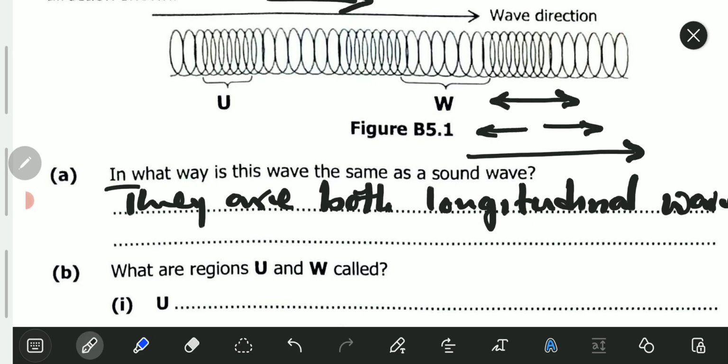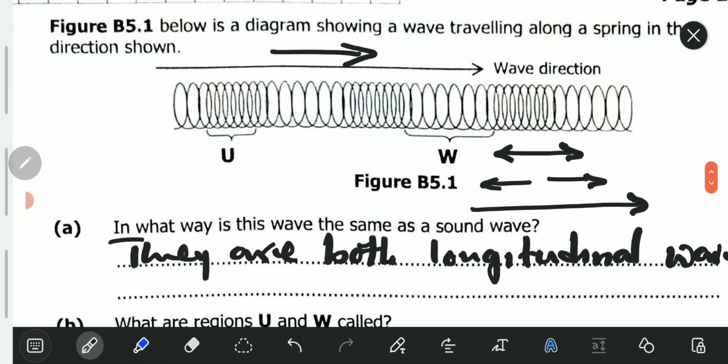Yes. Since they move to and from, they will have regions similar to U and W. Even in sound, we will have places where the particles come close to each other and areas where the particles are further apart. Areas where the particles are close to each other, like U, are called compressions.